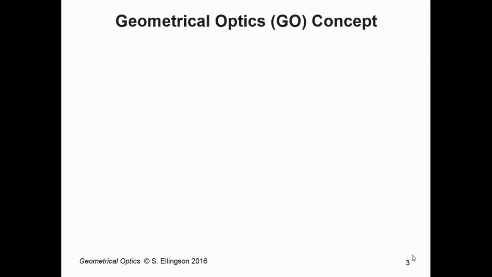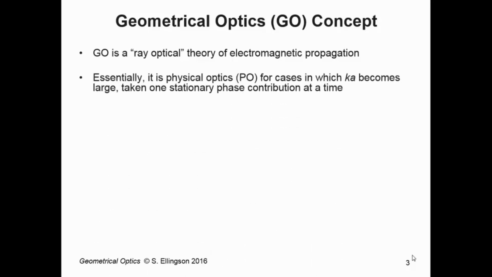Okay, the GO concept. GO is a ray optical theory of electromagnetic propagation. Essentially, it is physical optics for cases in which ka, that is 2 pi a over lambda, is large. When we say a, we're referring to the relevant dimensions of the problem.